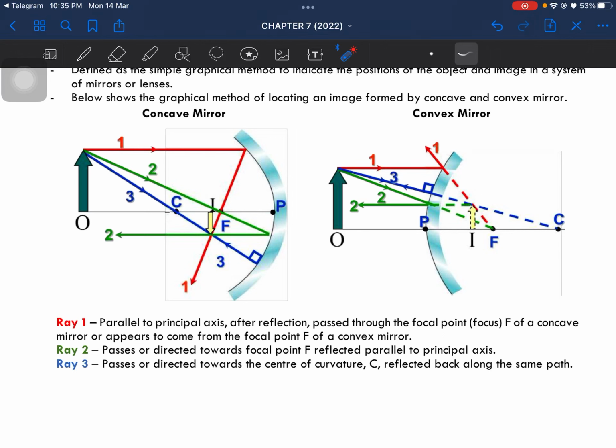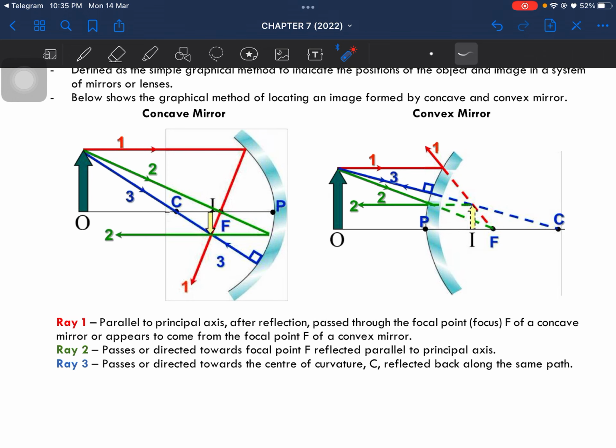For ray 1, the red color line, it goes from the top of the object parallel to the principal axis, and after reflection it will pass through the focal point.